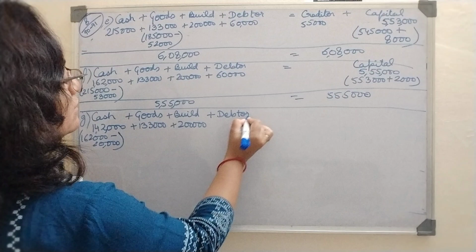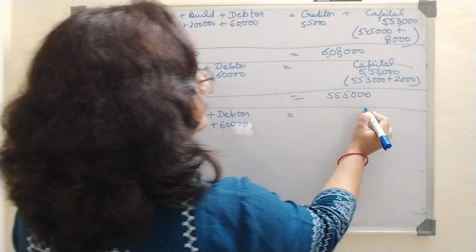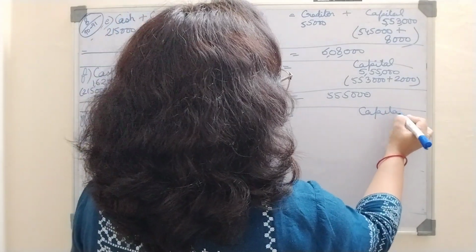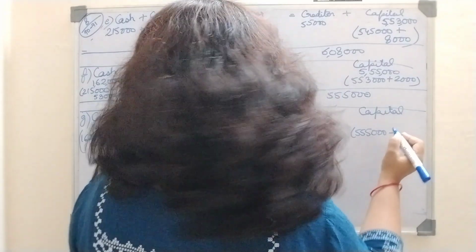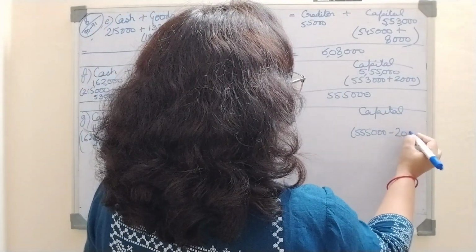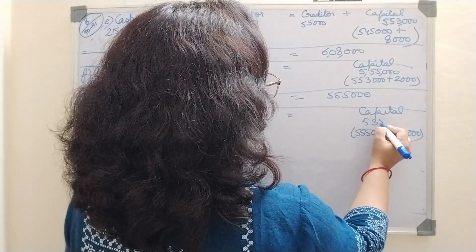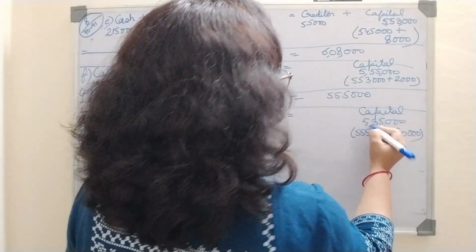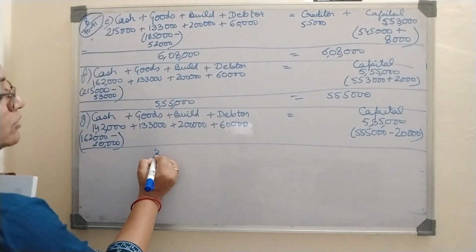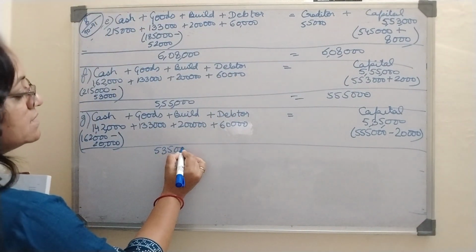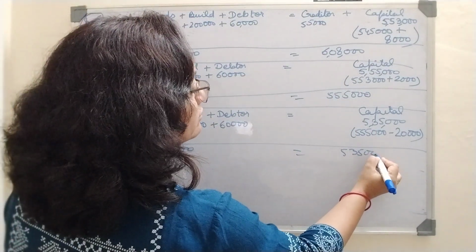Debtor 60,000. Now capital we will reduce. So capital is 5,55,000 minus how much we have paid? 20,000. So 5,35,000. So the total now comes to, because 20,000 is reduced from both the sides, 5,35,000.